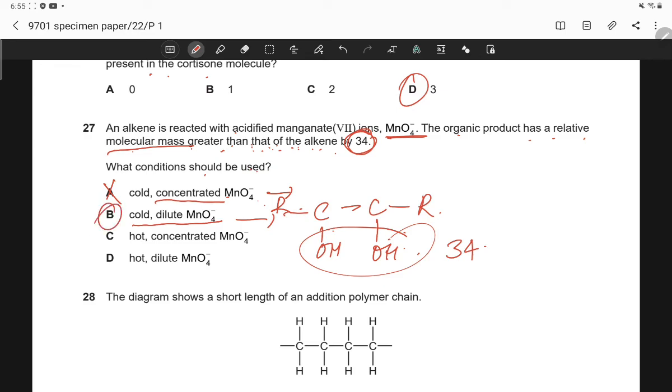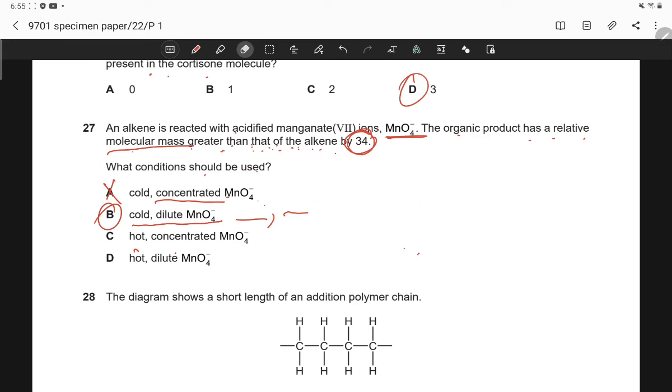This is the best option. Hot concentrated acid is not correct because when it reacts with the carbon to carbon double bond, this double bond is going to break and carboxylic acid is formed, COOH. So this is incorrect. This is again incorrect.